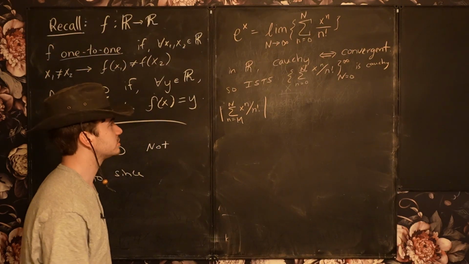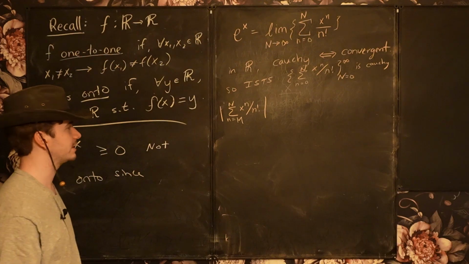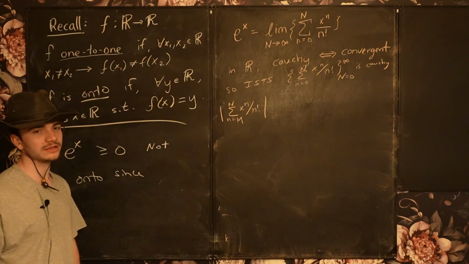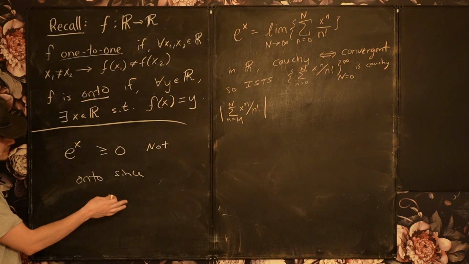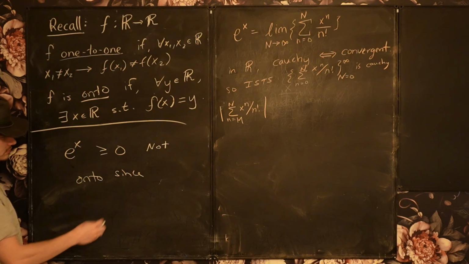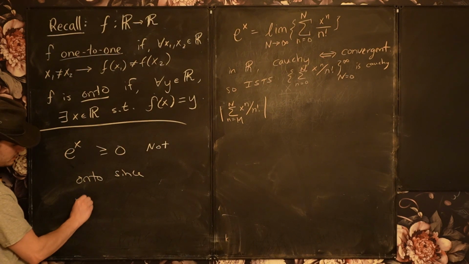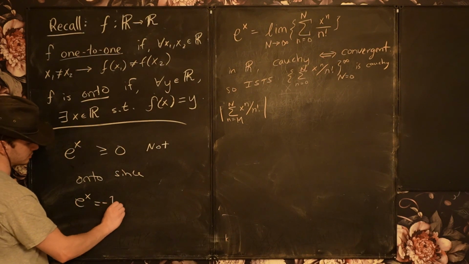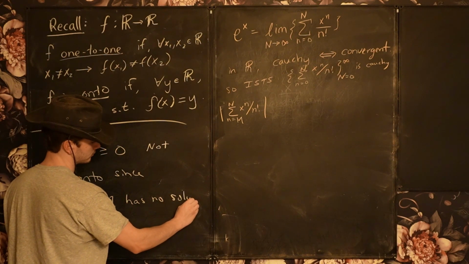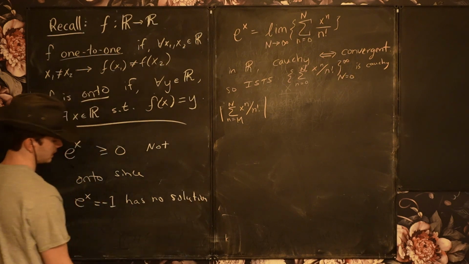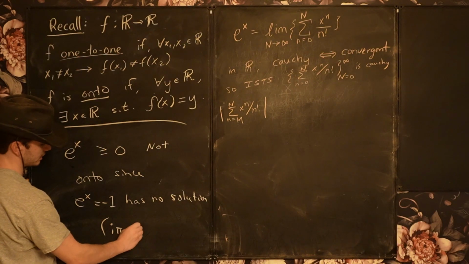I'm getting a call. So I'm not going to do the rigorous proof of why it's not onto. We've at least defined e to the x. It's not onto since, for example, e to the x equals -1 has no solution, as i pi is not a real number.